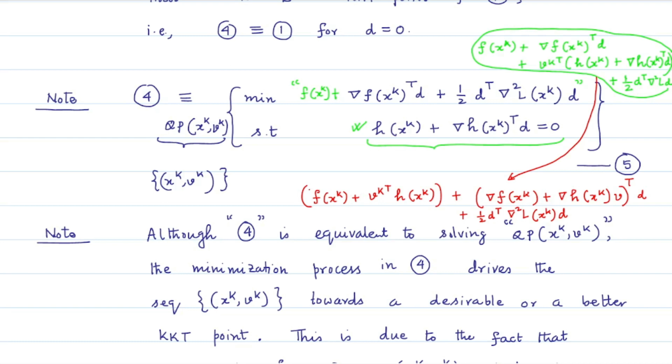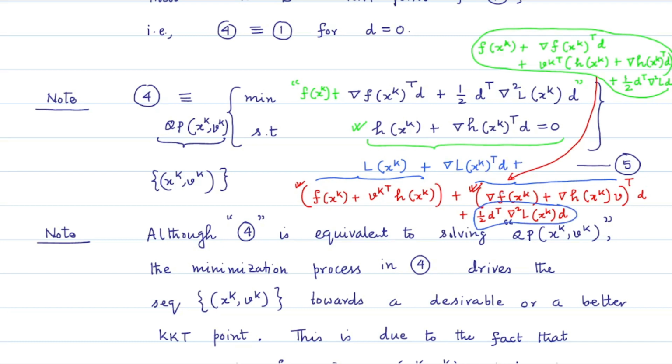And now look at this expression in the first bracket, this expression in the second term, and the last expression. It says that this entire red expression is: the first term is L at xk, plus the second term is your gradient of L at xk transpose d, plus the last term is as it is.